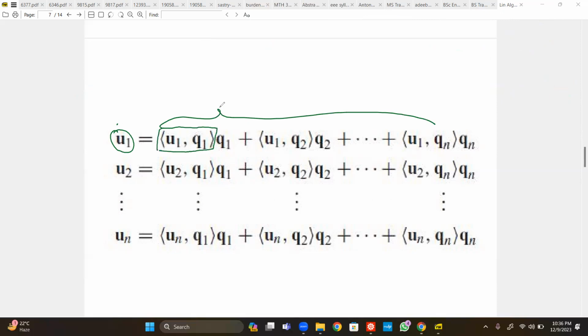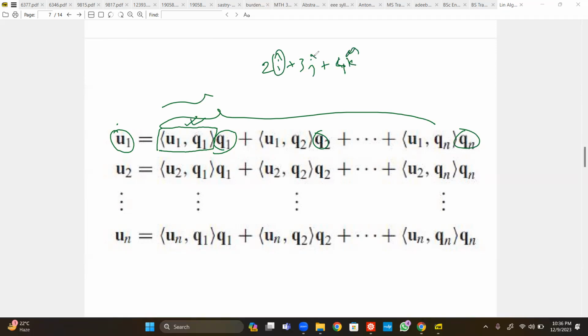And maybe you have a question why there is no norm of q1 squared in the denominator. Because the vectors are normalized already, the norms are already 1, so we do not have to worry about the denominator. So these are the projections, and these are the components along q1, q2, q3, etc. This works like 2i plus 3j plus 4k.